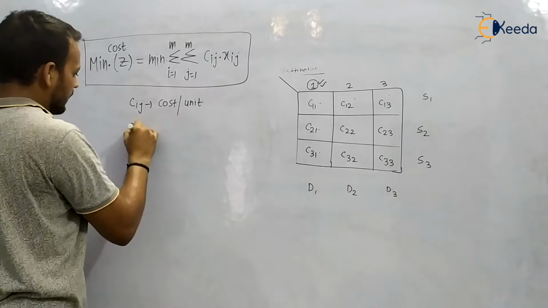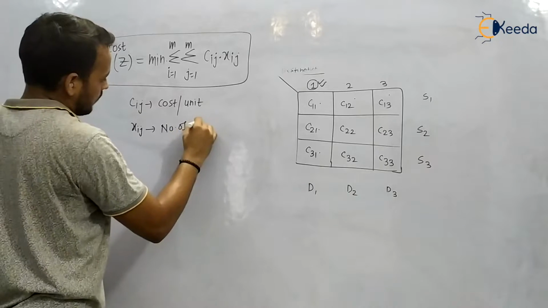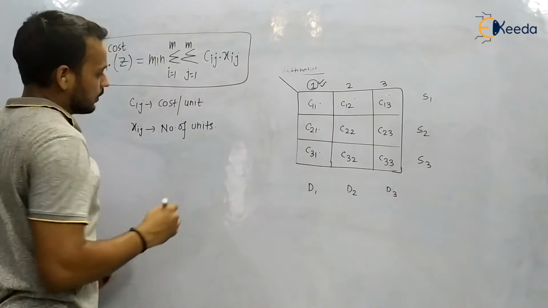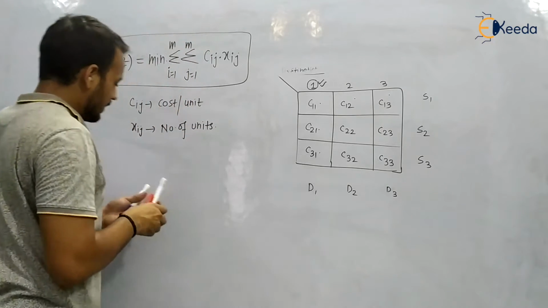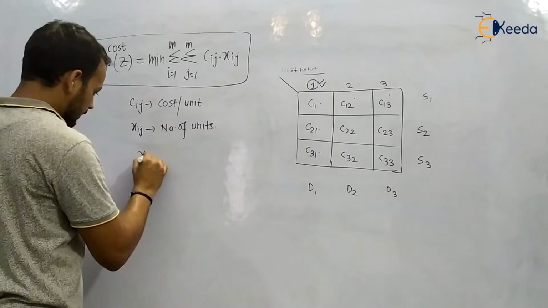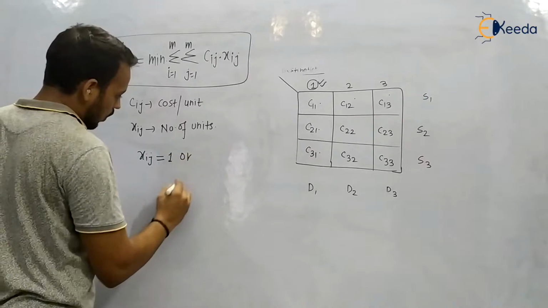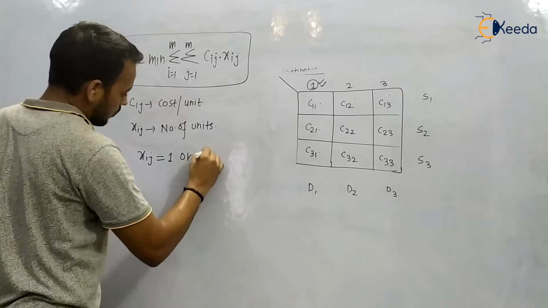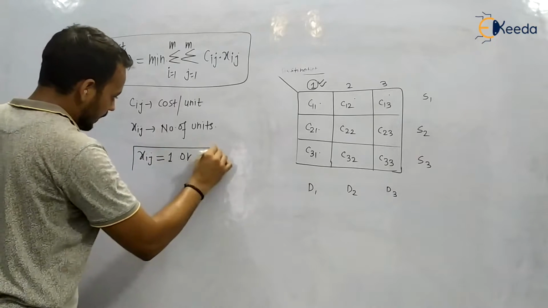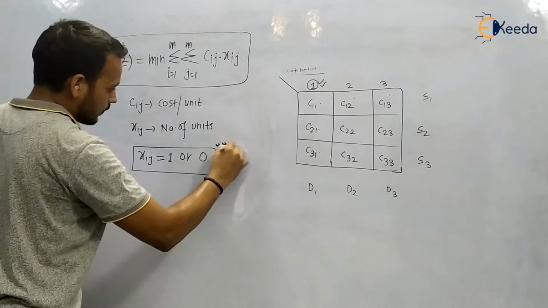And what is this Xij? Xij is the number of units, and in this case this Xij is either equal to 1 or equal to 0. Why?